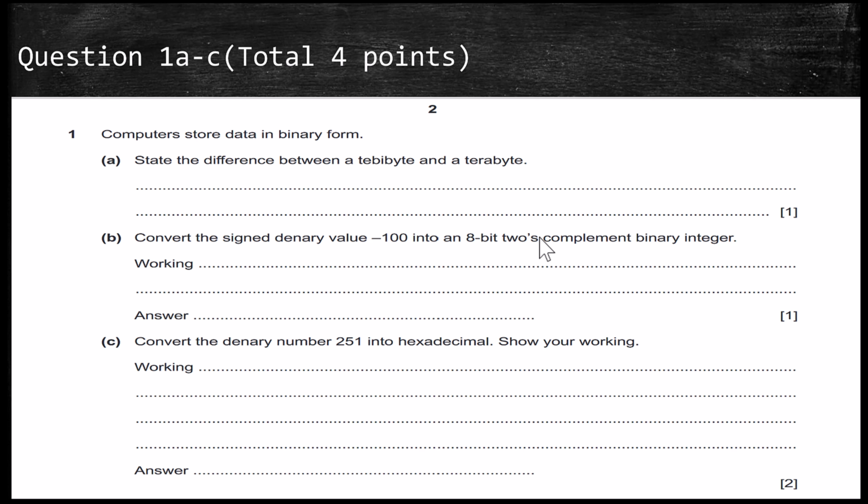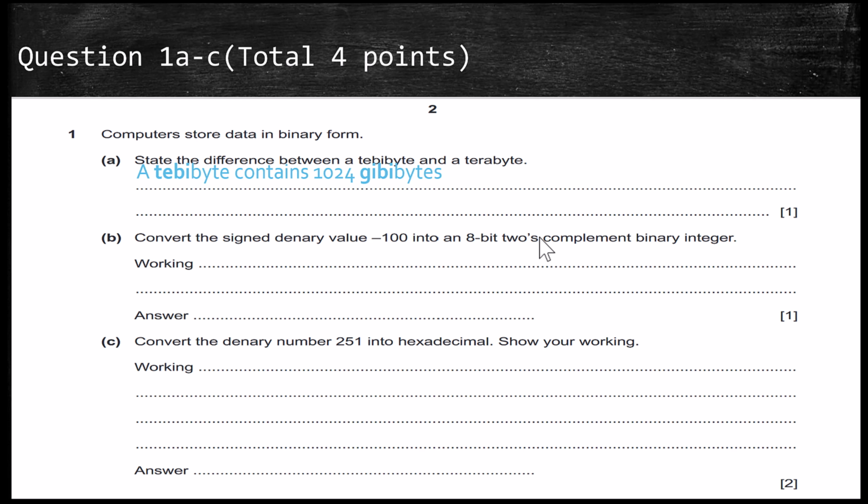So what's the difference between a tebibyte and a terabyte? This shows up in data representation in one of the very first sections in AS. Well, a tebibyte, the key prefix being tebi, contains 1024 gibibytes. You're not going to go from gigabytes to tebibytes. Now you can, but it's not going to be a nice whole round number.